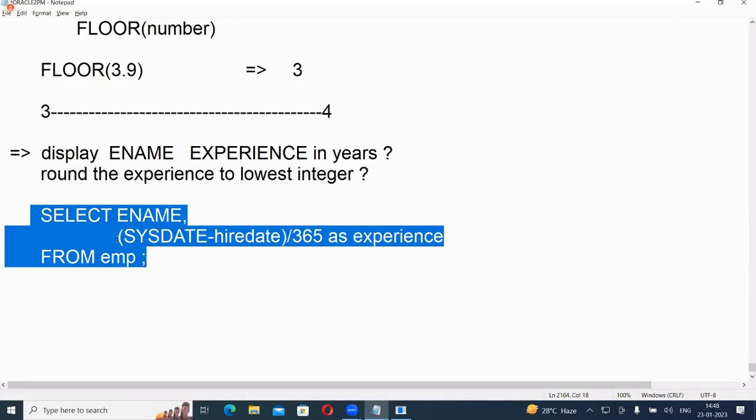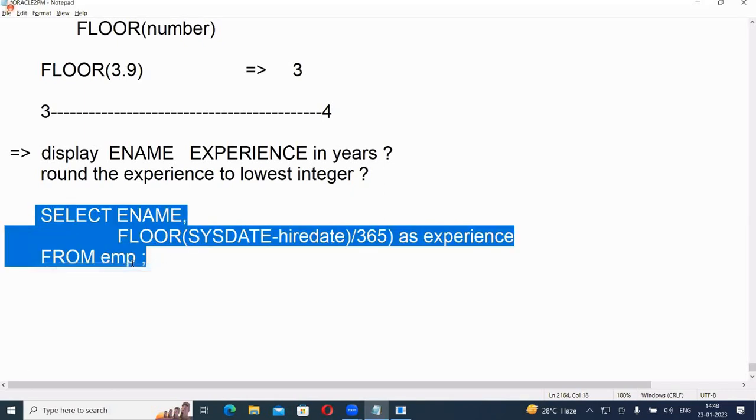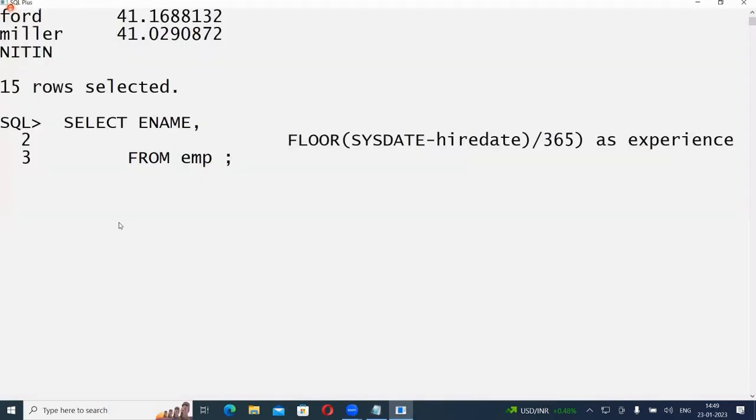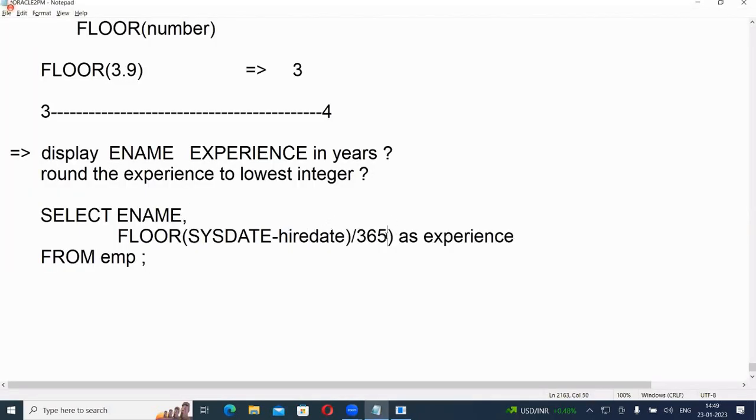Then which function is suitable? Floor is suitable. So use the floor function. Now run this query.